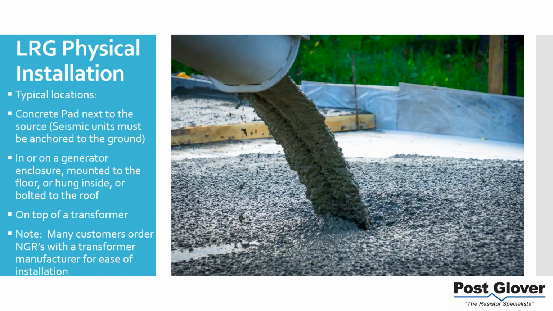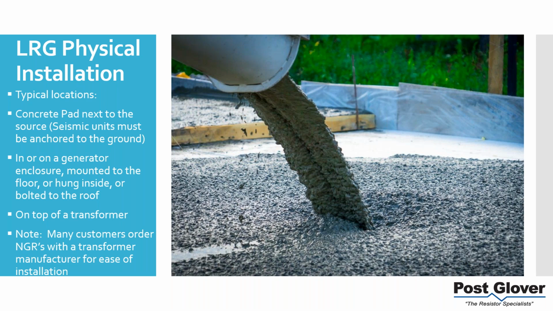Okay, so let's talk about the actual physical installation. We'll start off with low resistance ground. Typical locations, usually we're talking about right next to the source, or as close as you can get. Any distance you give between the resistor and the XO, or the neutral of the source, you're going to be adding resistance, essentially.